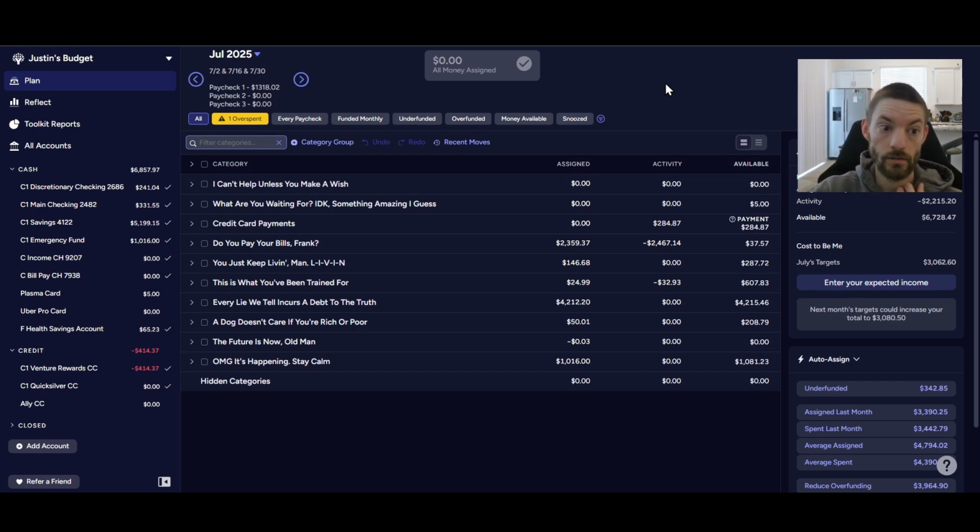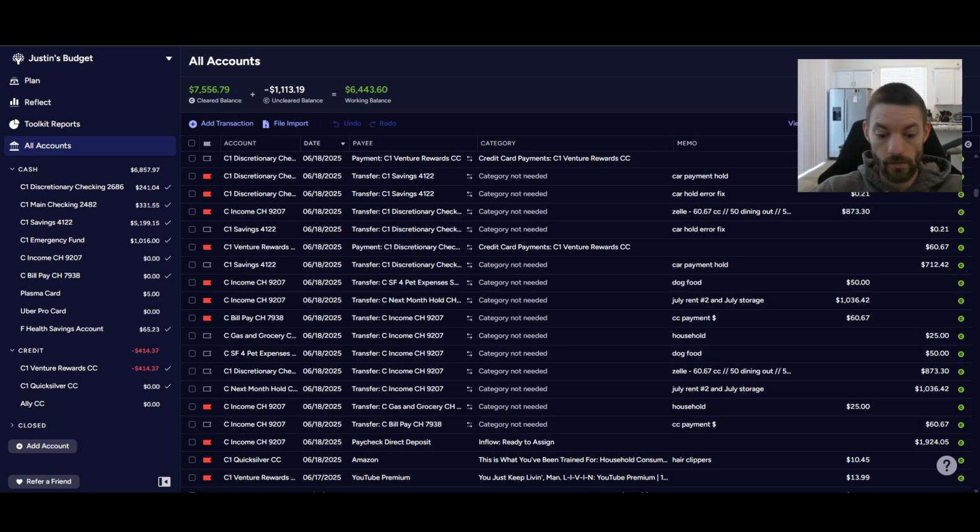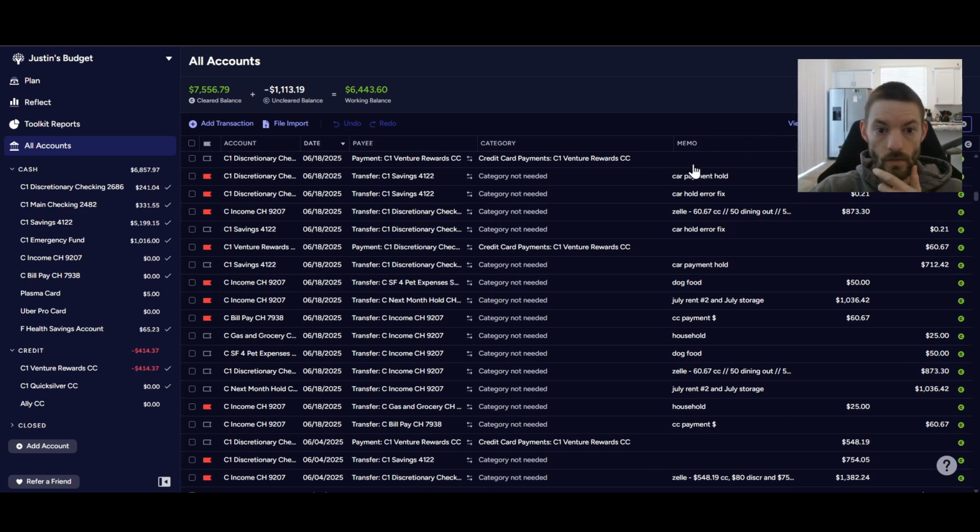And actually, I can show you. I go to all of my accounts and I just look for the transfers in the payee. We can ignore the credit card payments, because YNAB does credit card payments as a transfer, since that's technically what it is.